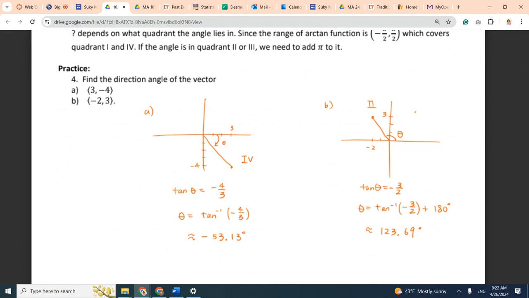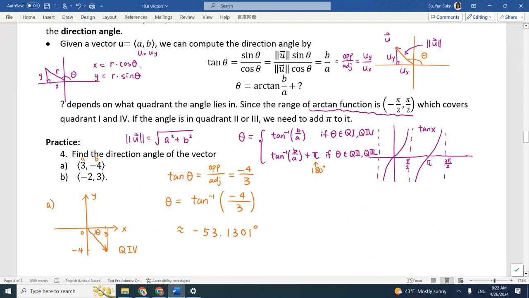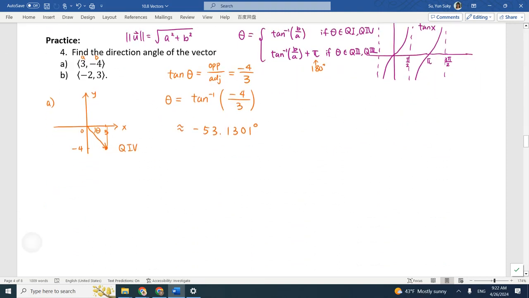That's why you need to add pi, then it lies in quadrant 3. Is that clear, everybody? That's why our formula is like a piecewise formula. It depends on where theta is. Make sure you draw the vector, then you can see which quadrant it lies in. This is number 4.